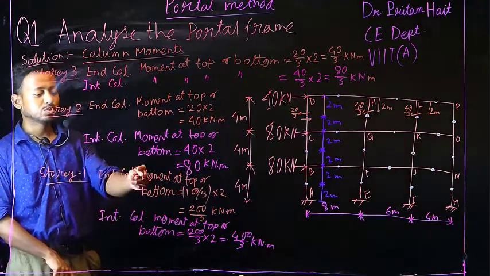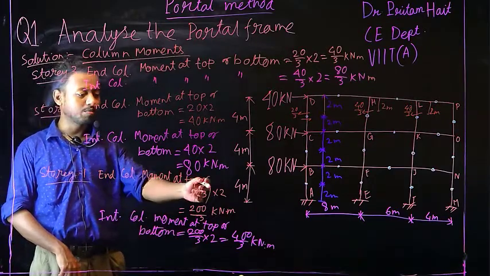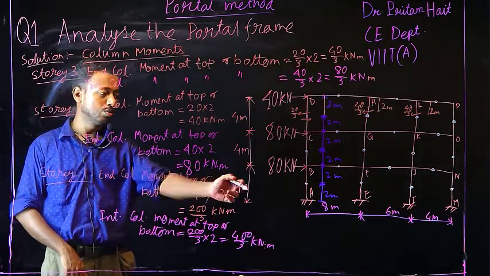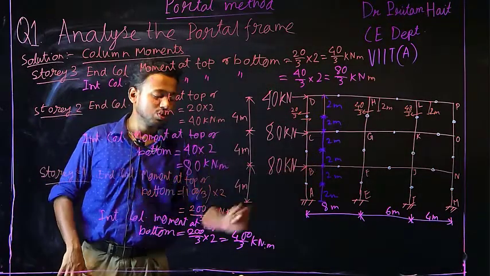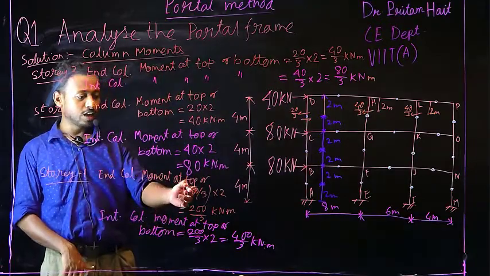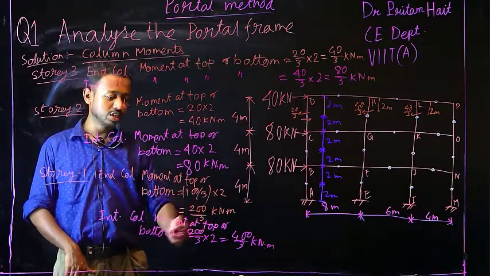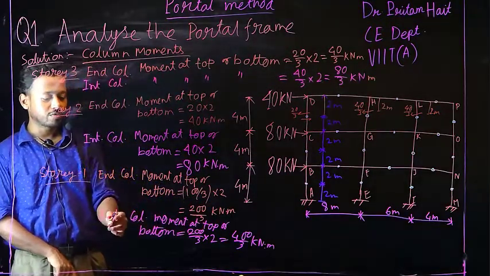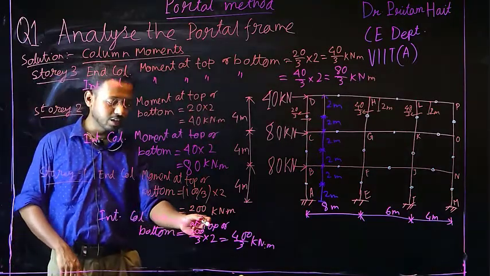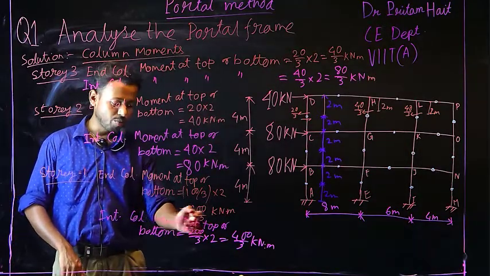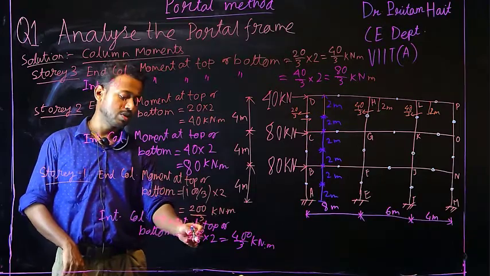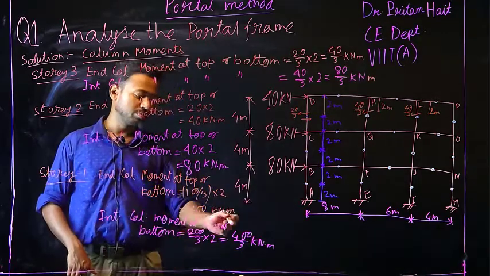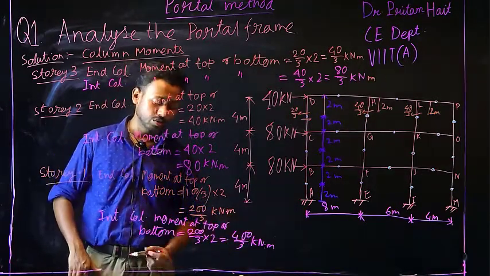Similarly, for story 1, the end column moment is 100 by 3 into 2, the distance being 2. So 100 by 3 into 2 is 200 by 3. This is for the end column, and for the intermediate column, the moment at top or bottom of the column is 200 by 3 into 2. So this will be 400 by 3 kilonewton meter.